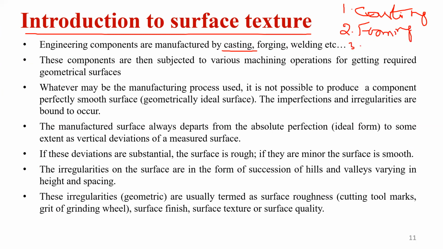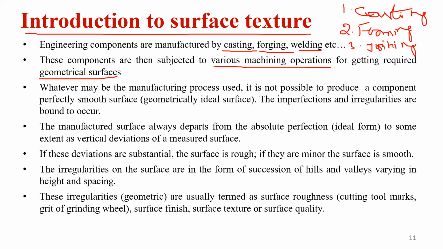And the third one is joining. The forming process consists of forging operations, extrusion, rolling, and the joining operations may be welding and also soldering operation, etc. And then these components are further subjected to various machining operations or heat treatment, that is secondary manufacturing processes, for getting the required geometrical surfaces.